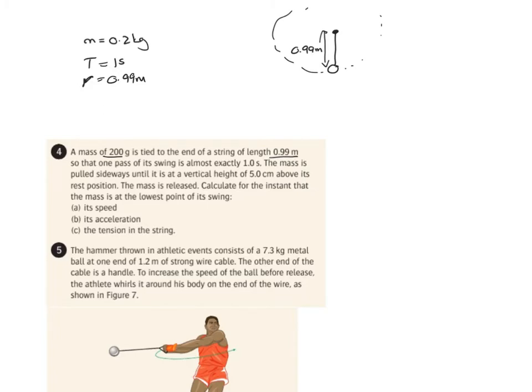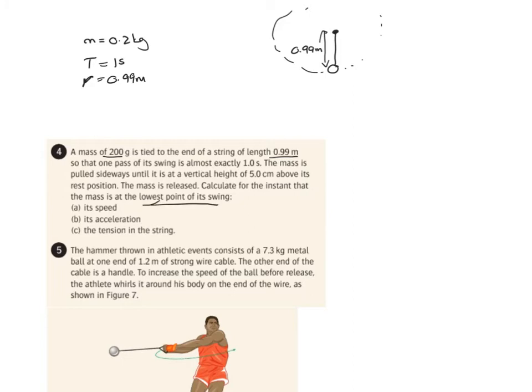In order to calculate the speed, we're going to have to link the fact that it's above the ground, so it's got different energies taking place. Otherwise, it will be hard to calculate the speed at its lowest point of its swing.